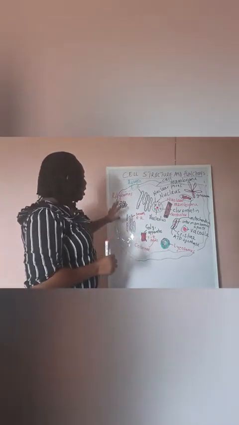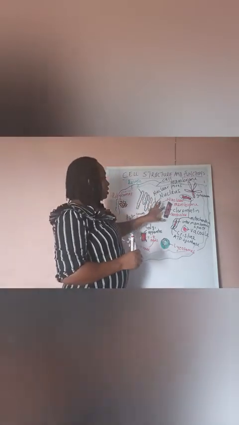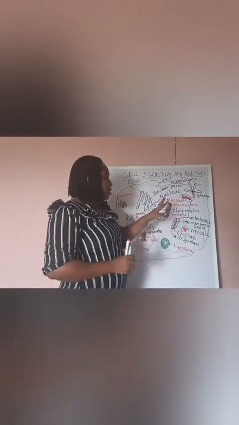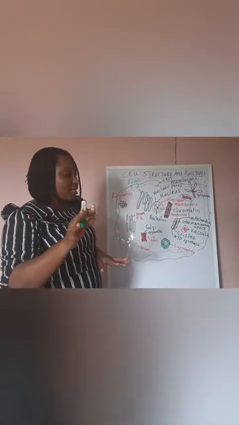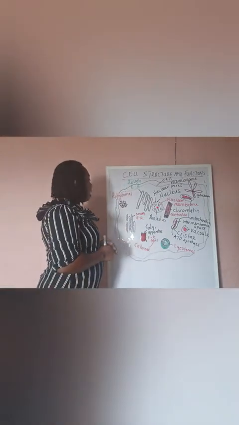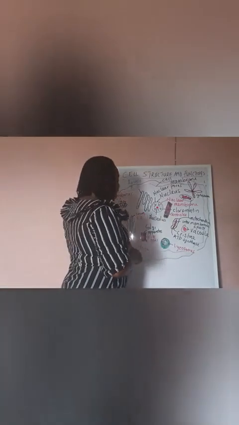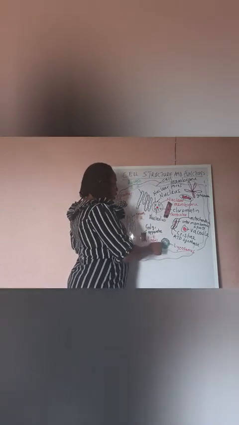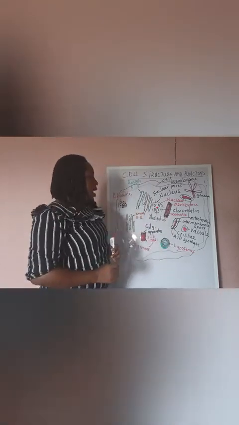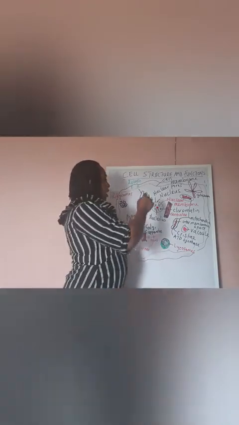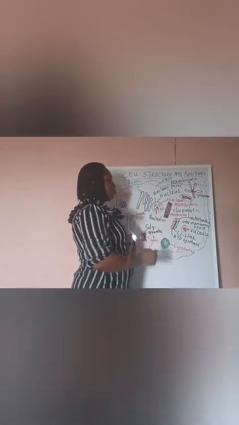The animal cell, we can see, is denser than the plant cell. The plant cell lacks centrioles and lysosomes, while the animal cell has centrioles and lysosomes.